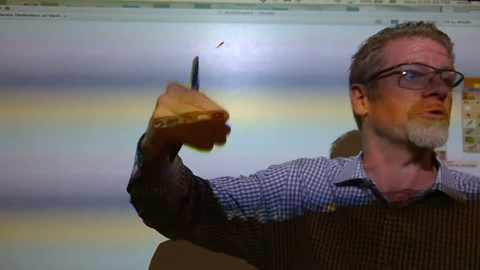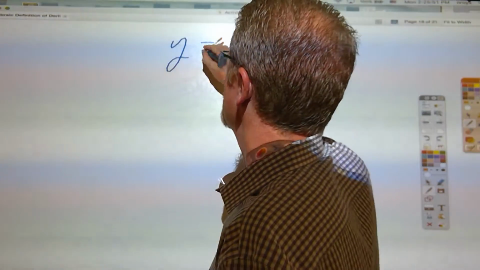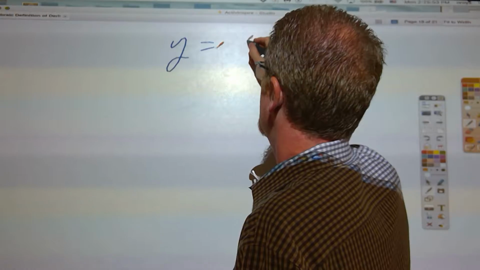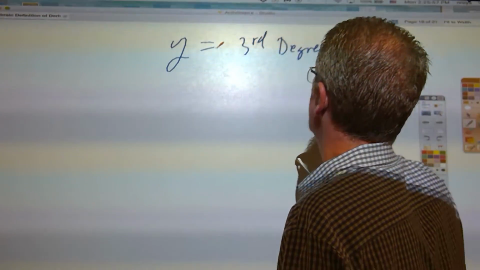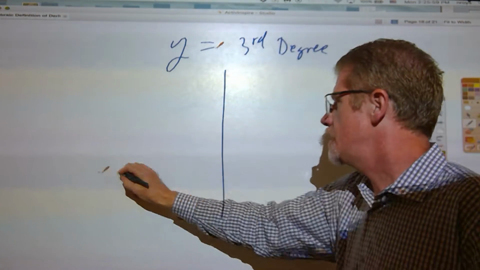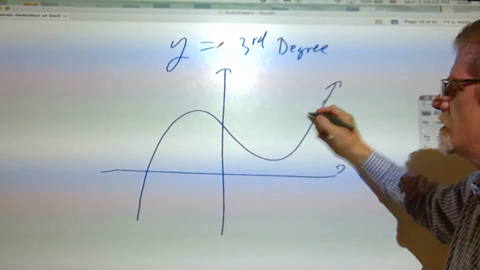Keep in mind that usually the number of x-intercepts goes down as the derivative number goes up. So you're observing something pretty important. Usually when you have something like y equals a third degree function, then the function might look something like this. 2 turns, third degree.